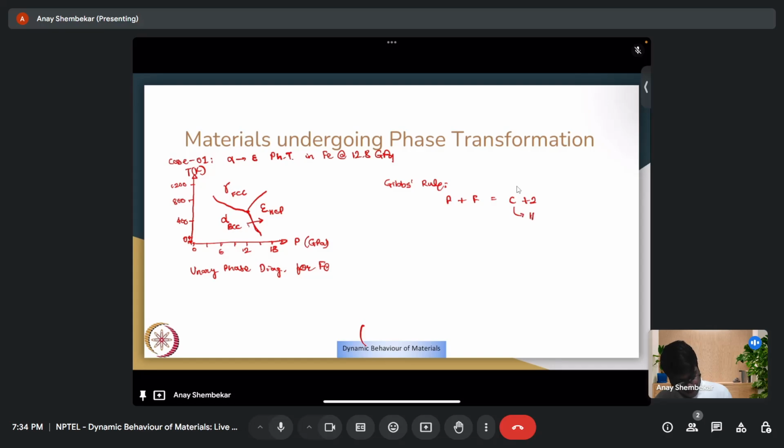C is the number of components, F is the number of degrees of freedom, and P is the number of phases. So since it's a unary phase diagram, C is equal to 1. Unary, only one component.